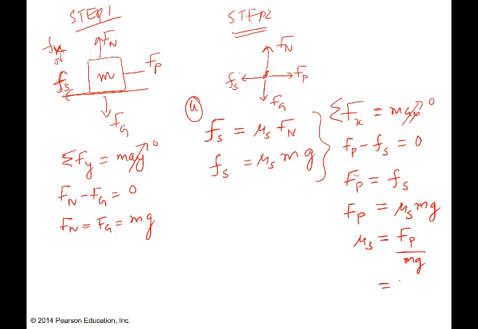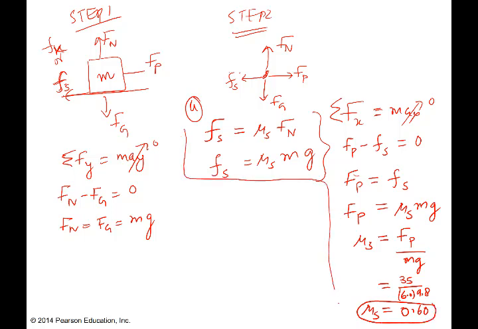When I substitute the values, Fp is 35, m is given as 6.0 and g is 9.8, I end up getting the coefficient of static friction, which will have no units because both the denominator and numerator are in newtons, and 0.60 is the value for the coefficient of static friction. So that was part A.